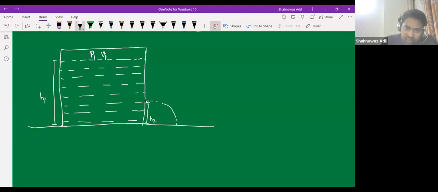And this is open. So what is the pressure here? This is open, so the pressure would be atmospheric pressure, right?